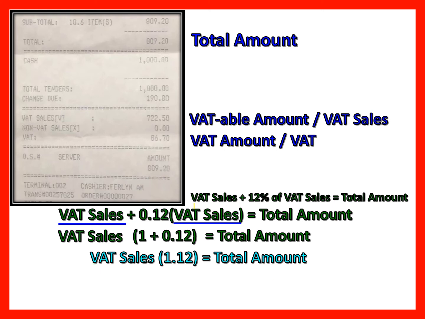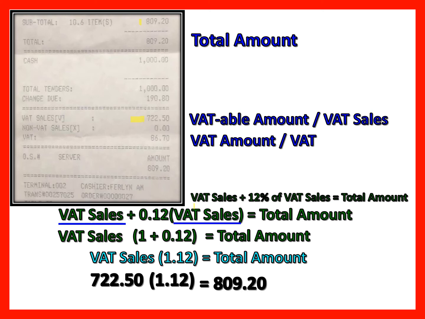So let us now substitute the value for VAT sales, which is 722 pesos and 50 centavos. Again, this is our VAT sales, or the VATable amount. So let us put markings on it. Next, multiply by 1 and 12 hundredths, and that must be equal to the total amount of 809 pesos and 20 centavos.